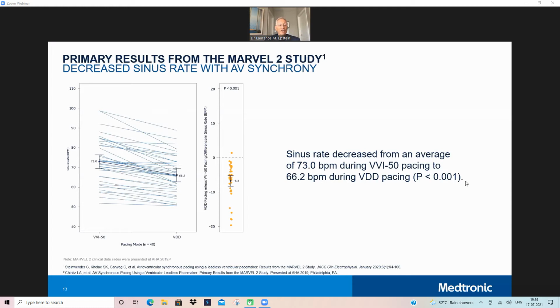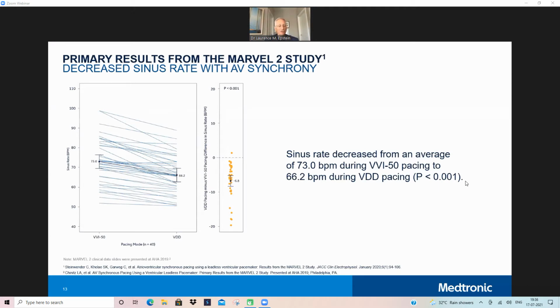One of the other things that we noticed, not surprisingly, was that the sinus rate decreased once the patient had AV synchrony. Because there is a compensation for the fact that you don't have as much cardiac output when you have asynchronous ventricular pacing, the sinus rate increases. We see that all the time. Patients show up in the emergency department in heart block with, let's say, a junctional escape, and their sinus rate is significantly faster than when we pace them.